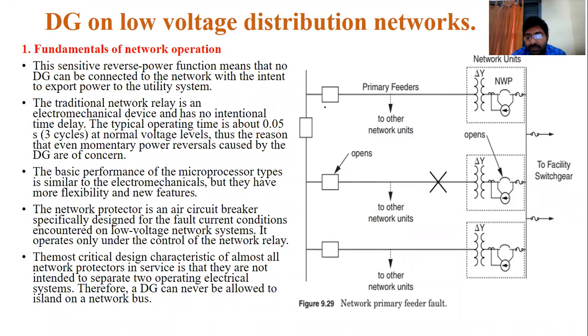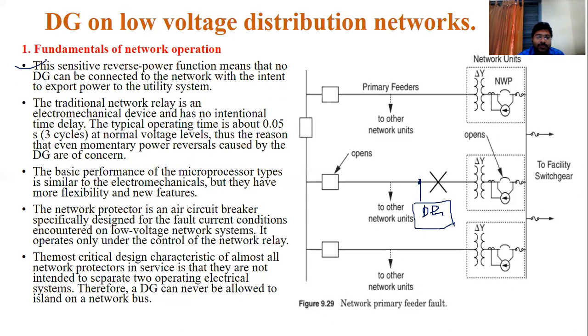But whenever we tune that relay to very sensitive values, depending on the type of network, for suppose we are adding DC here, it is somewhat difficult for the operation.